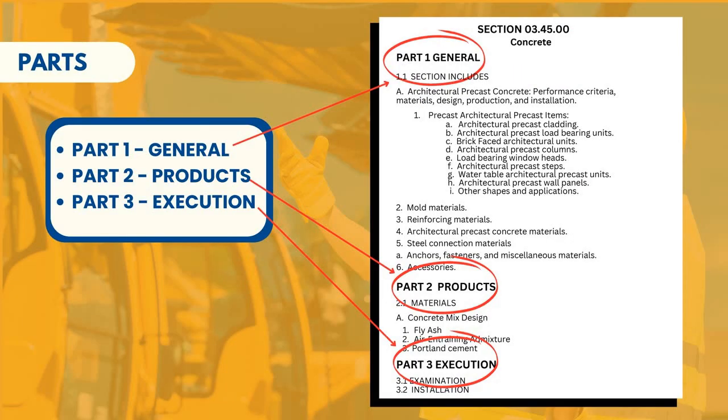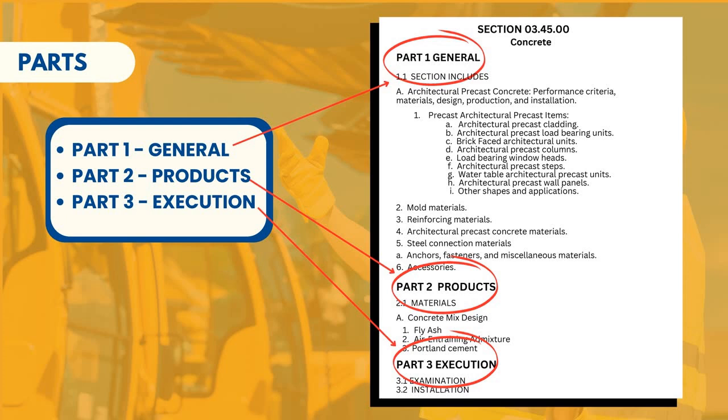In each of these sections, we're going to separate it into 3 different parts. Now, we have another mini course that goes deeper into what is in each of these different parts. But for general knowledge, these parts are going to be divided into Part 1, which is going to give us general information of the division specification section.